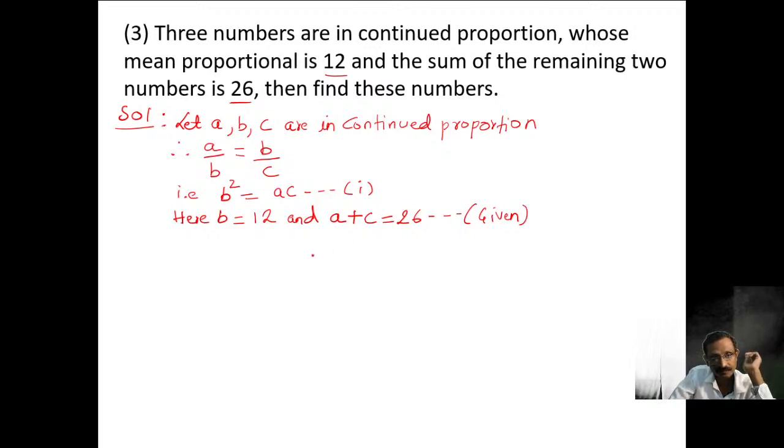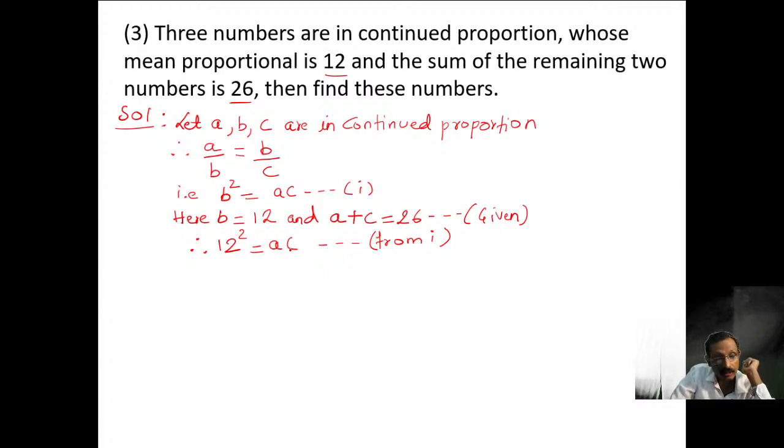Okay. Now, what is the value of B given to me? The value of B given to me is 12. Therefore, 12 square is equal to AC. From where did we get this? We took it from equation number 1, so we will write here: from equation number 1 we got this.